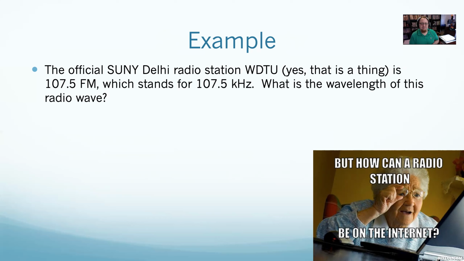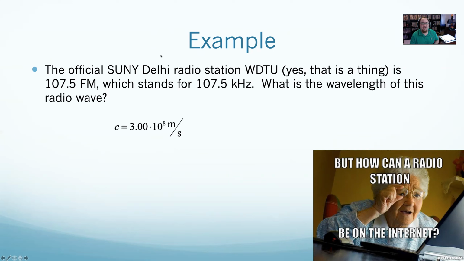A radio station FM, what that is, the wavelength of the electromagnetic wave. Radio waves are electromagnetic waves, and FM is what its frequency is in kilohertz. So 107.5 FM is 107.5 kilohertz. What is the wavelength of the wave? What we know is radio waves are an electromagnetic wave.